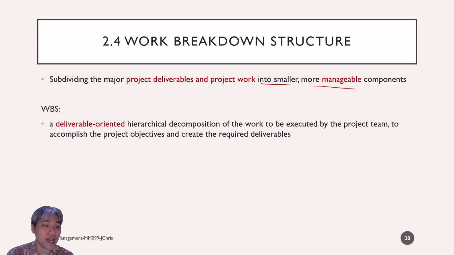In the WBS, it is deliverable oriented. The keyword is here: deliverable means output. It is a hierarchical decomposition of the work to be executed by the project team to accomplish the project objective and create the required deliverables.